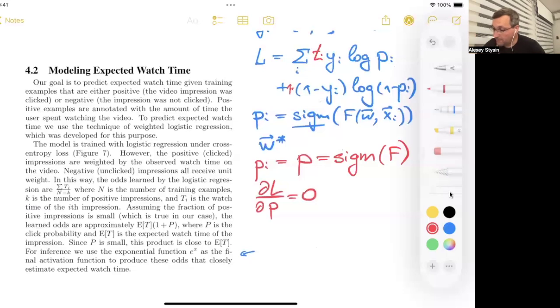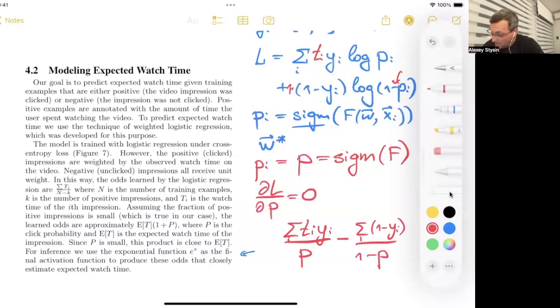We are going to have the sum of ti yi over p, minus, and this minus comes from the chain rule differentiation here, the sum over all examples of 1 minus yi over 1 minus p, and all of this is equal to 0.